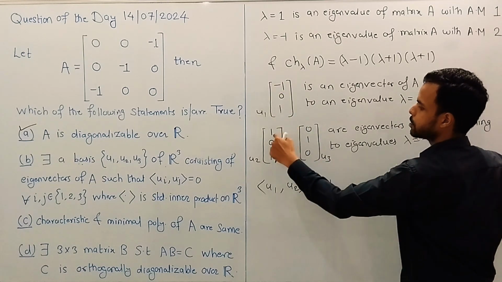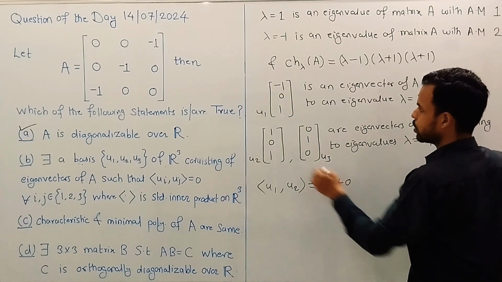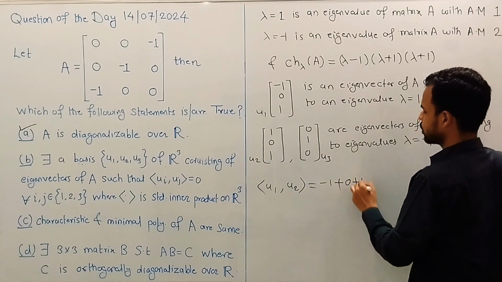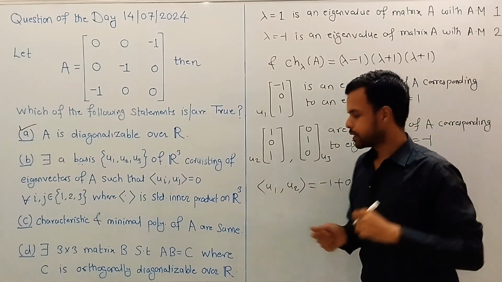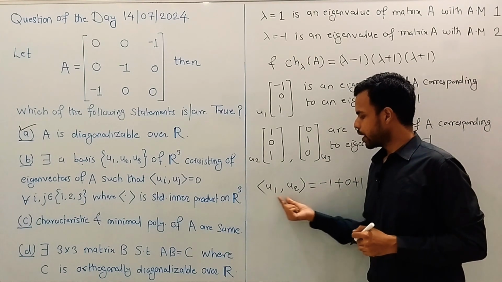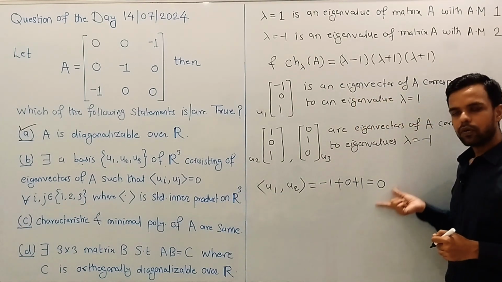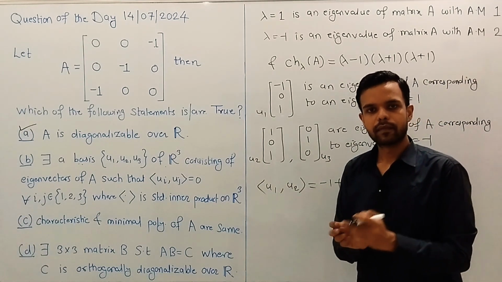So minus 1 times 1, which is minus 1, plus 0 times 0, plus 1 times 1, which is 0. So by the definition of orthogonal vectors, as the inner product of u1 and u2 is equal to 0, u1 and u2 are orthogonal to each other.